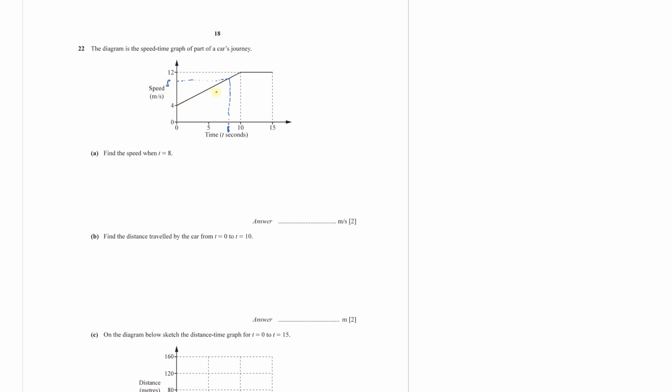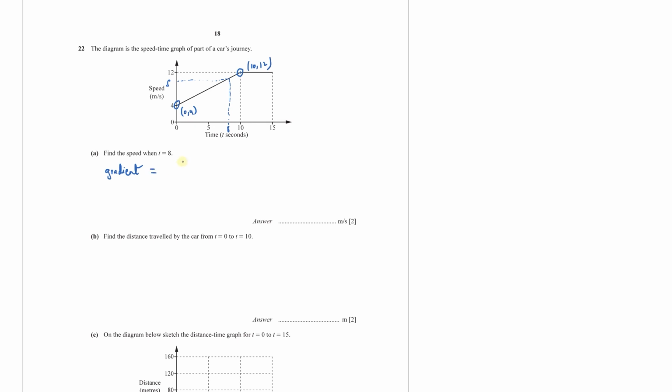So since this is a straight line, the gradient should be constant, right? If I calculate the gradient of this straight line here, of this part, using any 2 points on this line, I should get the same gradient. So let's find the gradient using this point here, which is 10 and 12, and this point here, which is 0 x value and 4 y coordinate.